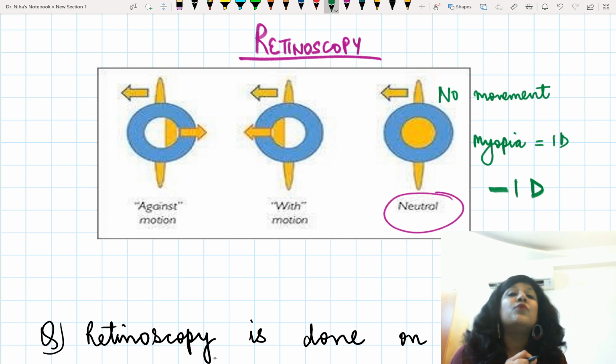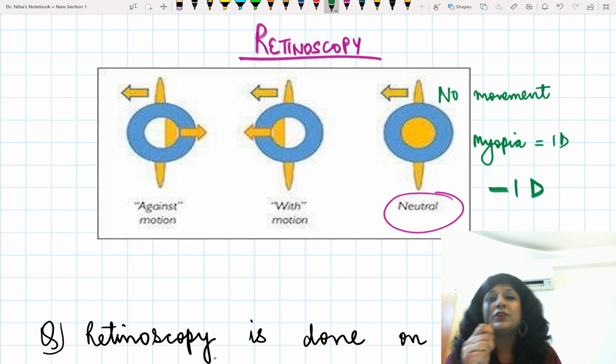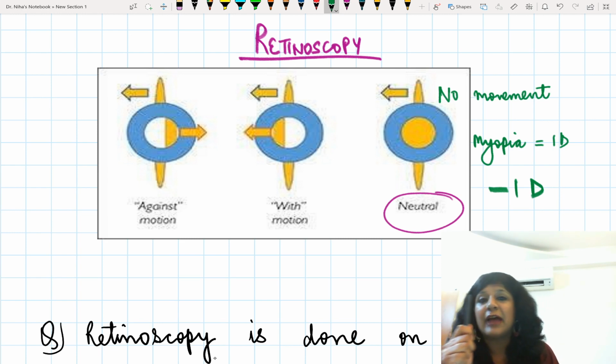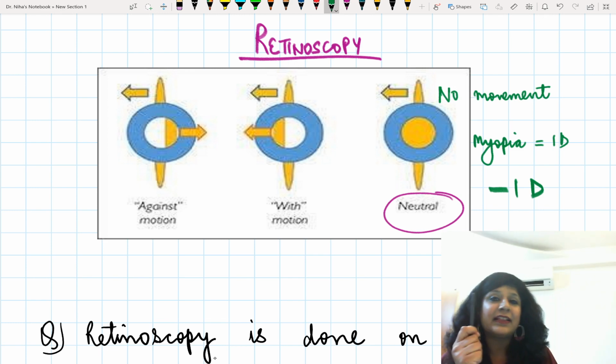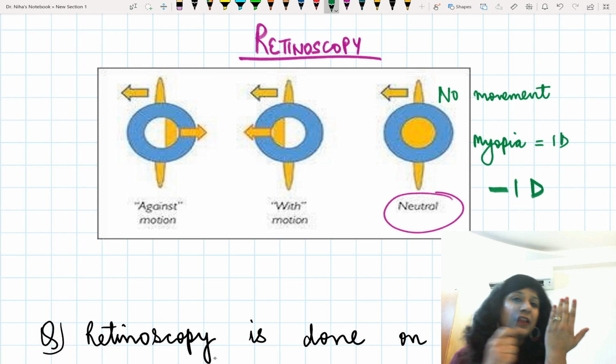Now with movement means the reflex is moving in the same direction in which I am moving, and against means the opposite direction. So I am moving like this, the reflex is moving like this. I am moving like this, the reflex is moving like this. So this is opposite.